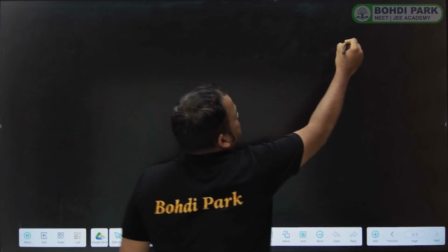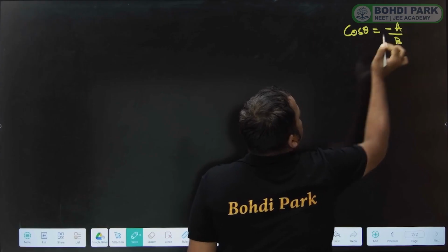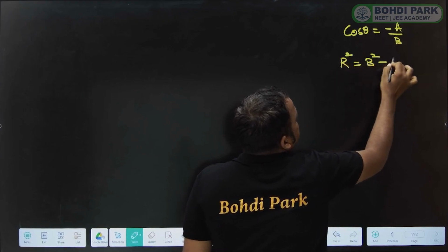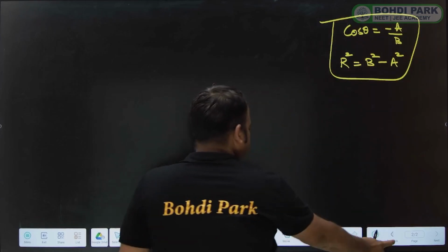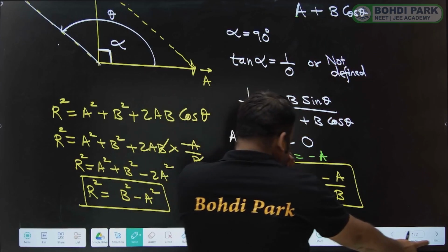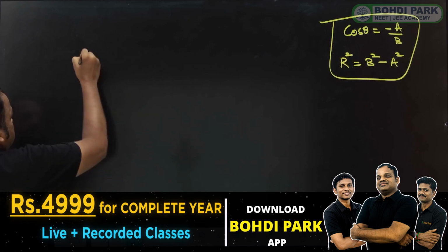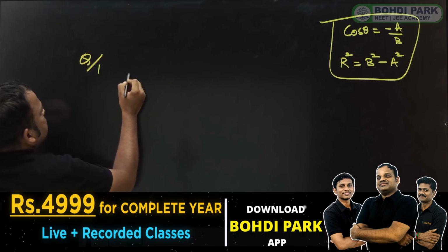So I will write the short trick here. Cos theta is equal to minus a by b and r square is equal to b square minus a square. Now let's do first question.